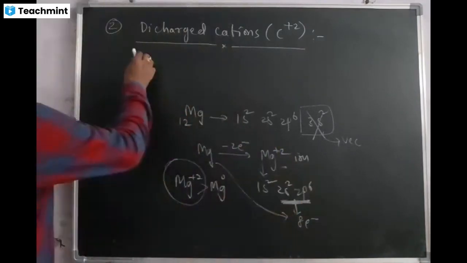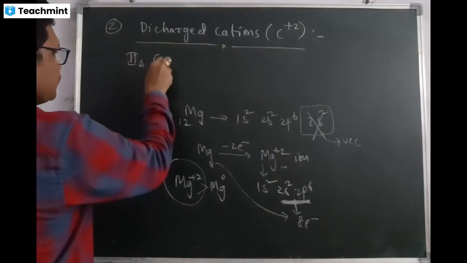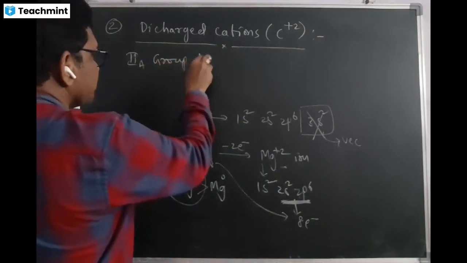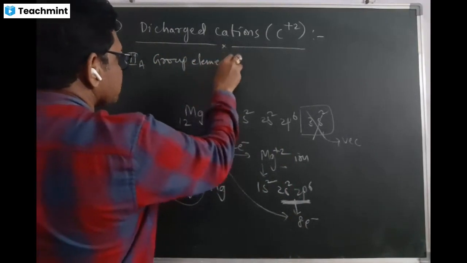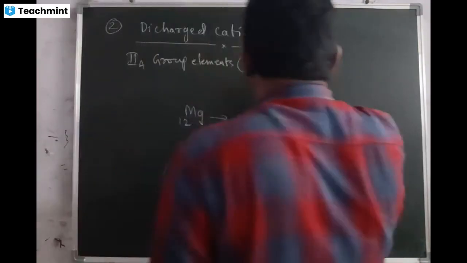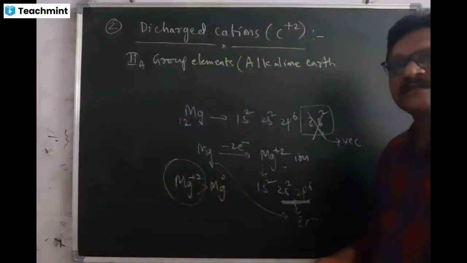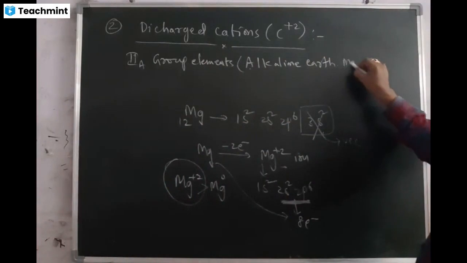You write down: second A group elements, these are also called alkaline earth metals. Write this down.